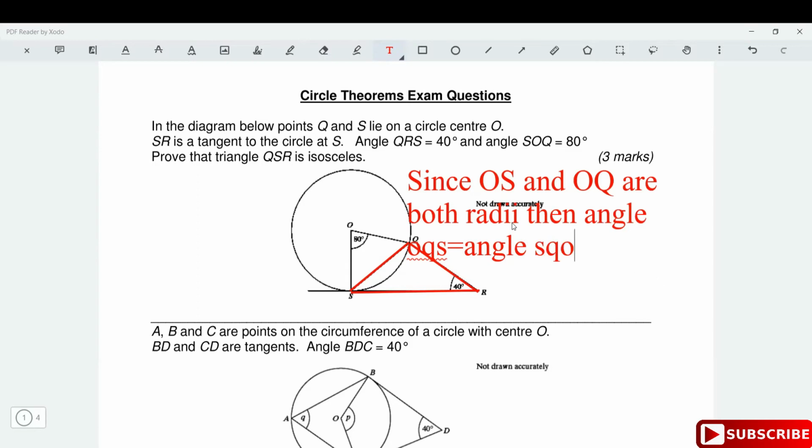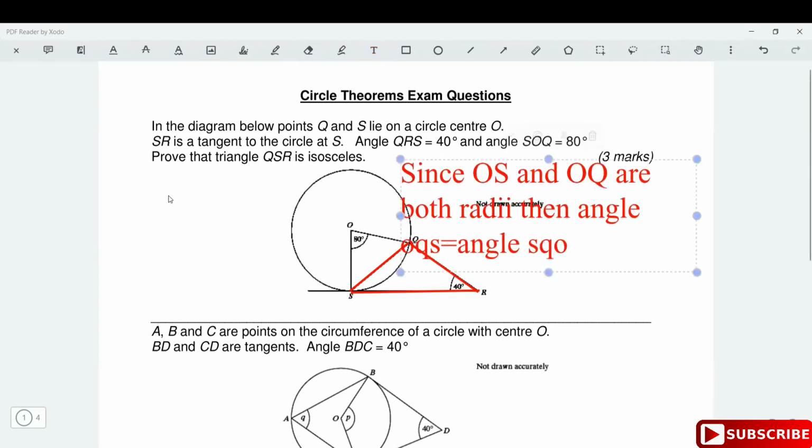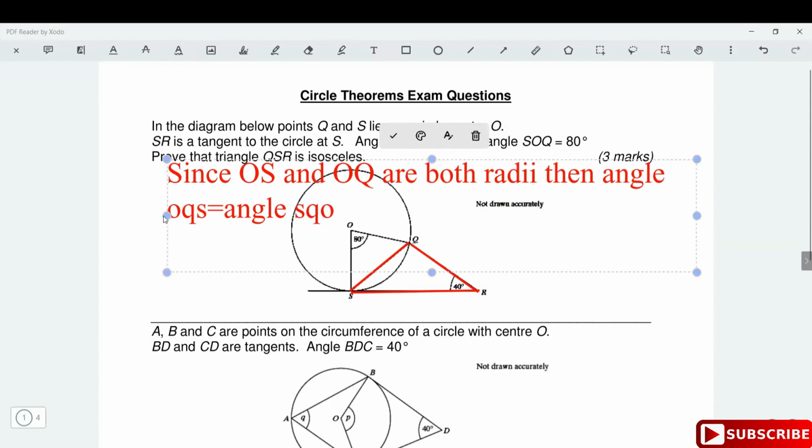Since they're both radii, we know those two angles are equal. All right, these two angles are equal.